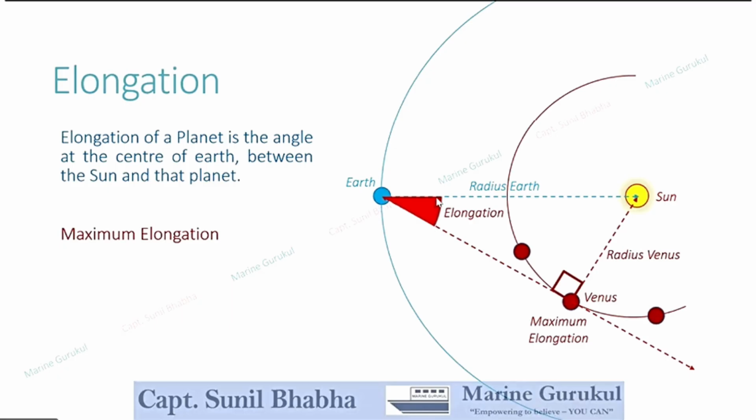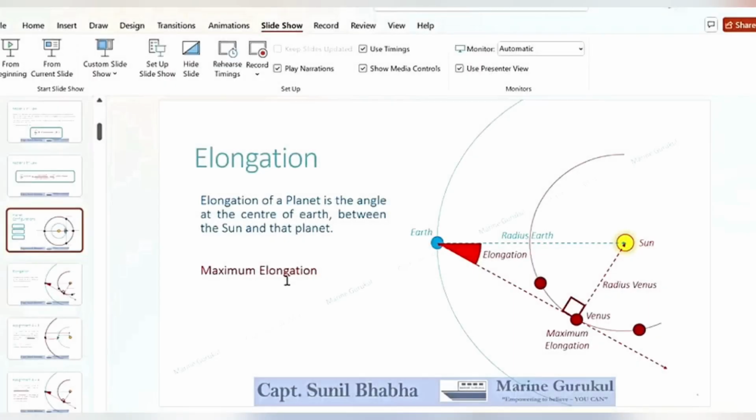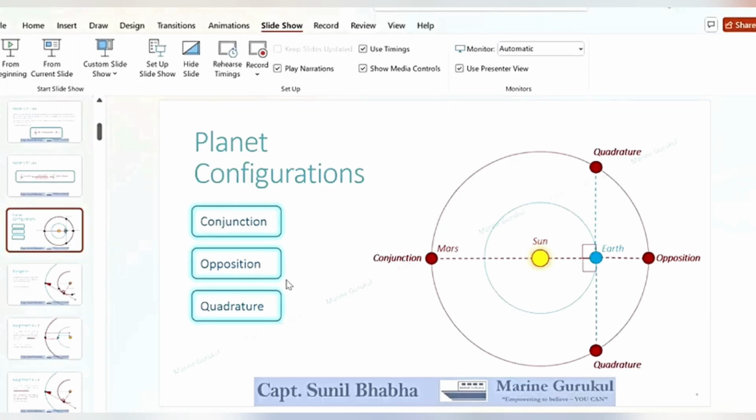So you have understood elongation, na? Angle at the center of the Earth. Yes, sir. Okay, all right. Let me show you an exterior planet. Look here, beta, in this diagram we can see Mars. The radius of Mars is greater than the radius of the Earth.